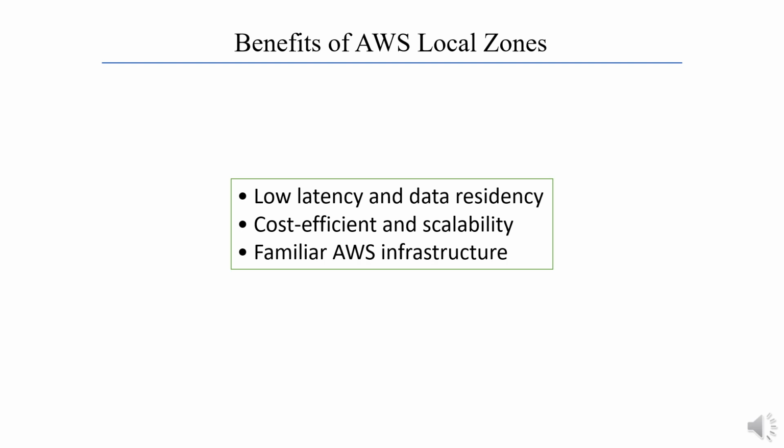You can run your low latency applications and meet data residency requirements in more locations. Cost-efficient and scalability. You can run edge workloads with on-demand scaling and pay-as-you-go pricing. Familiar AWS infrastructure. You can build and operate with familiar AWS infrastructure, services, APIs, and tools.